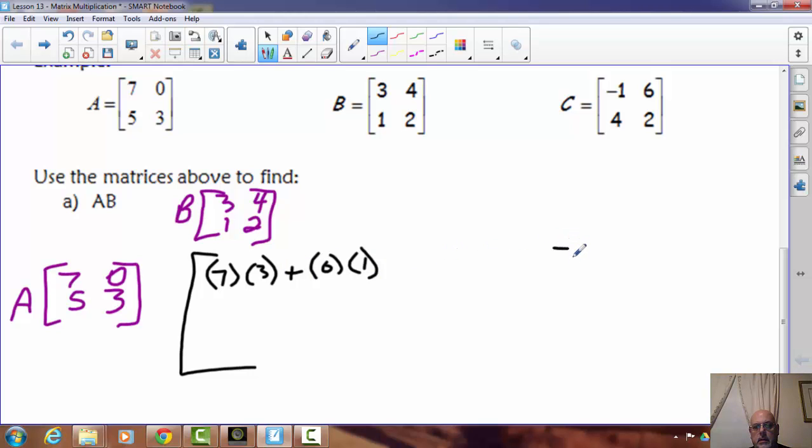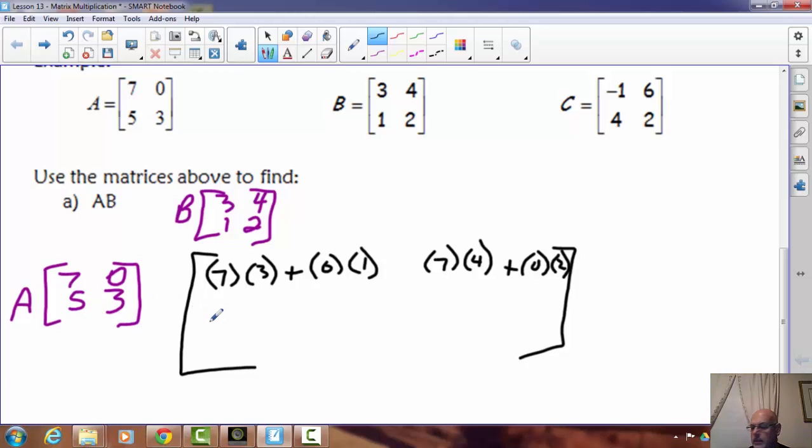The second element is going to be 7 times 4 plus 0 times 2. And we'll multiply those and add them later on.